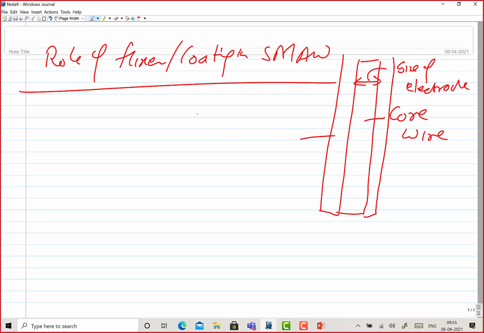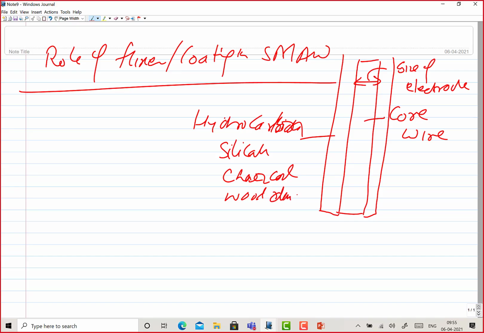Fluxes are basically hydrocarbons, silicates of sodium, potassium, then there is charcoal, there is wood dust. So a number of other ingredients are there. So this is the structure.